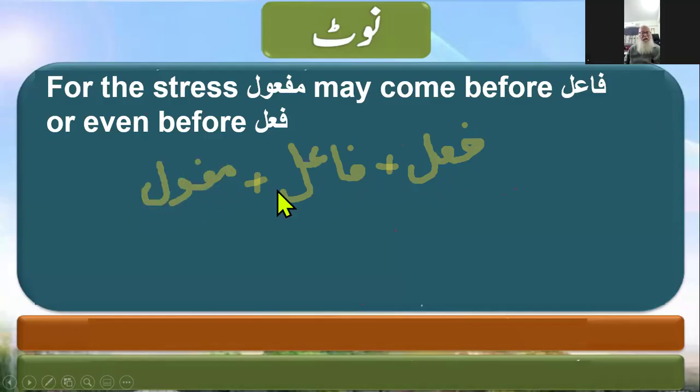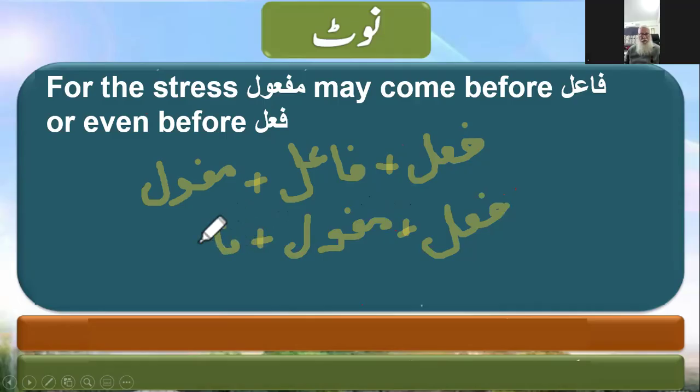So this is the normal sequence. If we bring the maf'ul before the fa'il, fi'l plus maf'ul plus fa'il, so we bring the maf'ul before the fa'il, it gives stress.